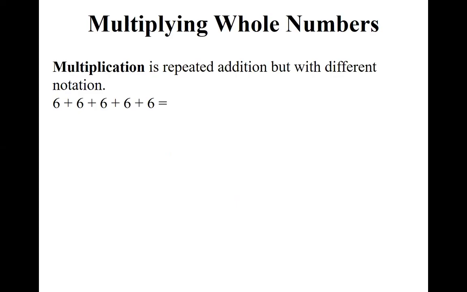Multiplication is just repeated addition, but with different notation. For instance, if we had 6 plus 6 plus 6 plus 6 plus 6, that means that there's 5 6s, or we have 6 5 times.